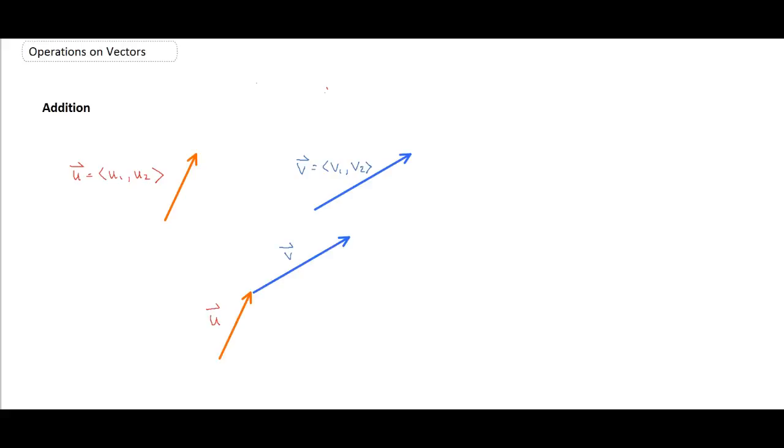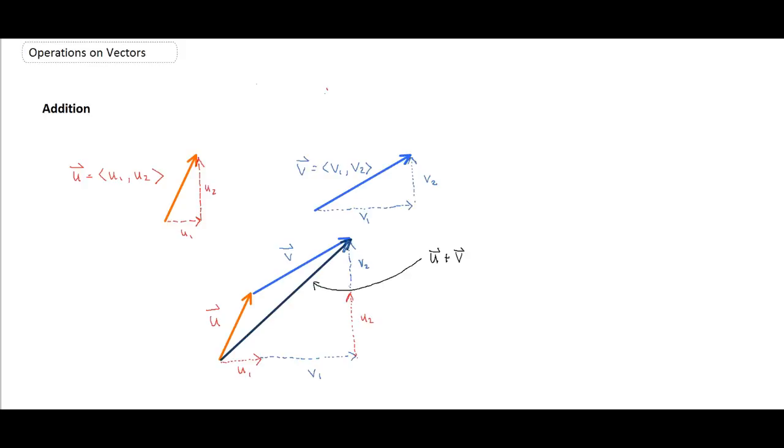And to get the actual sum of u plus v, in this new diagram, we draw another arrow from the tail of u to the tip of v, like this. So this black arrow gives us the sum of u and v. Now let's think about what that means in terms of components of u and v. Look at these diagrams carefully.